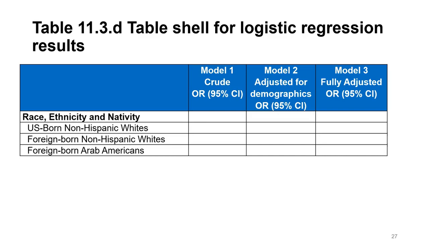The crude result would be an unadjusted result. Then our second model could be adjusted for, say, just age and sex. And then our fully adjusted model could adjust for all the different risk factors that we want to include there.